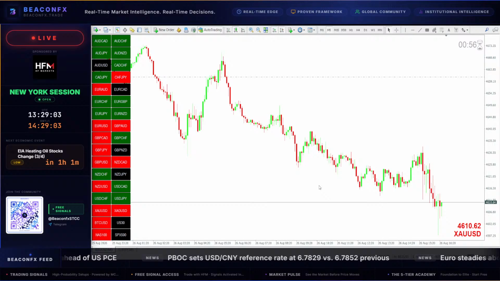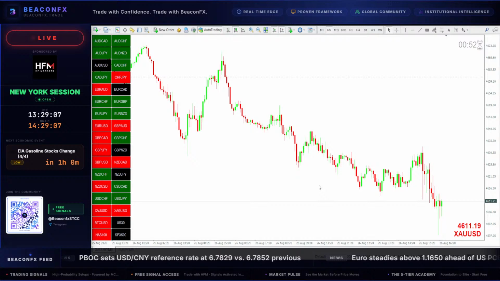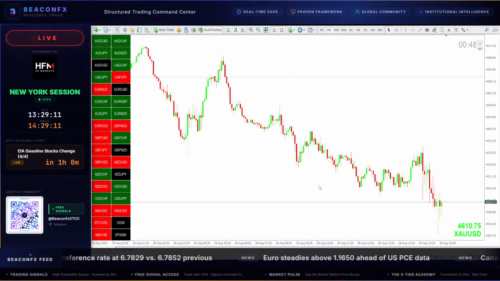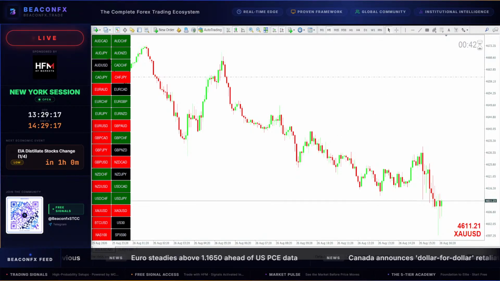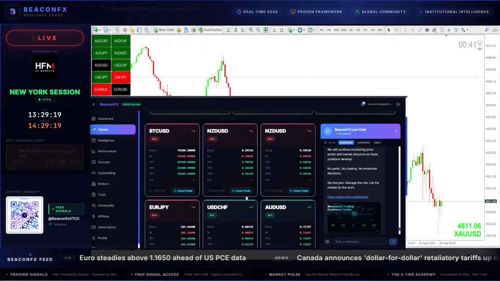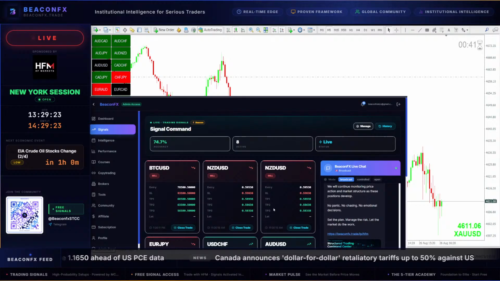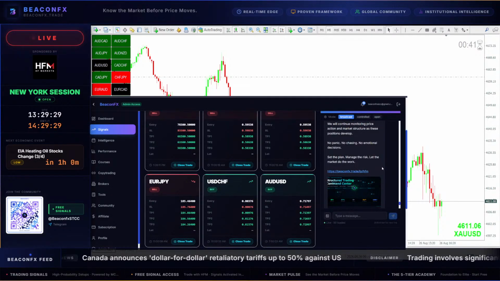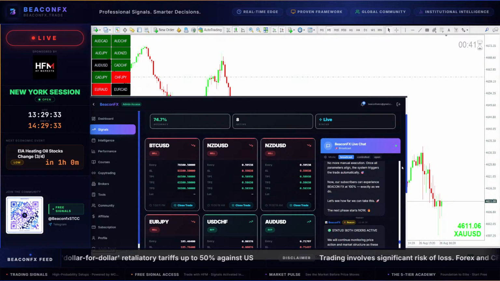And the beautiful thing here is any trade that is initiated from this trading terminal automatically gets filled up in the signal command dashboard.